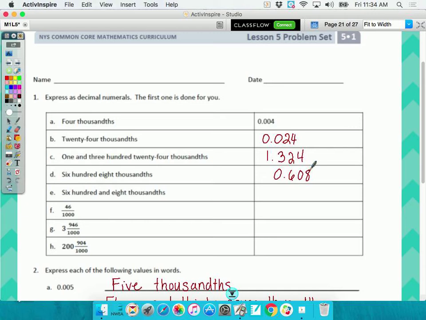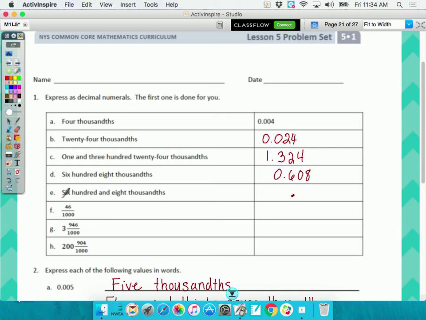608 thousandths. E. 6 and 8 thousandths. Okay, well that says 608 thousandths. So let's do what we did before. Put the decimal on there. Okay.